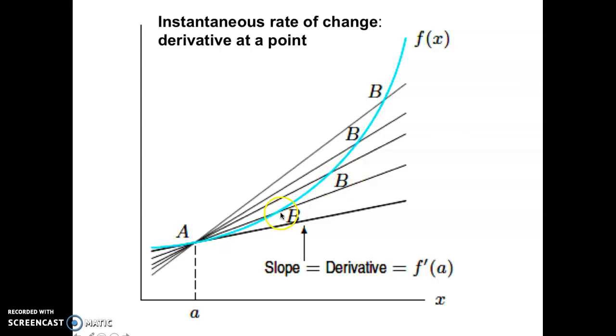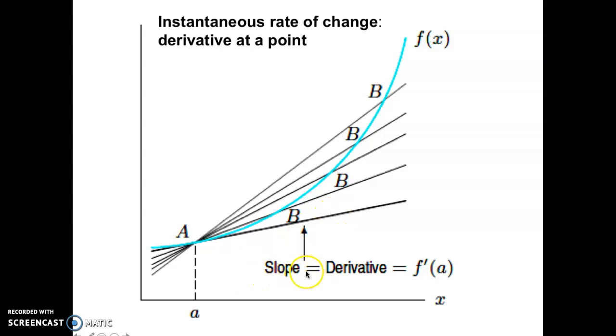Now what we do is we take the 2 points and we hold 1 point. So we'll hold A where it is, and we bring B closer and closer and closer to A, so that the 2 points are so close we can hardly tell the difference between them. And then we can draw this tangent line to the curve, that line that just kisses the curve at a given point.